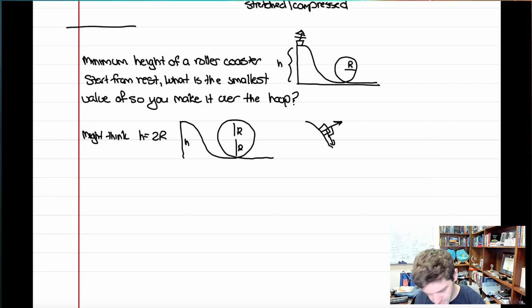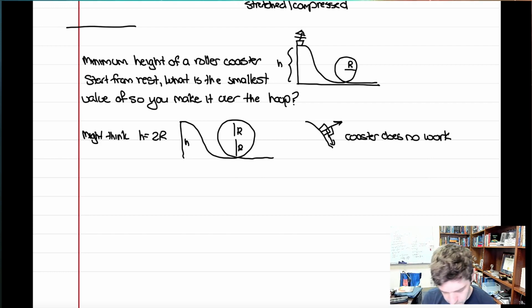So the coaster, or the track, does no work.